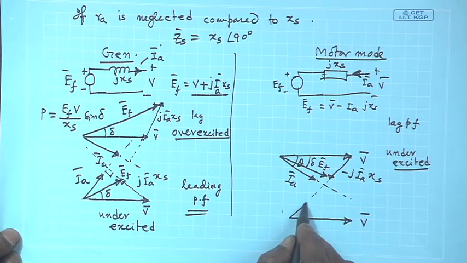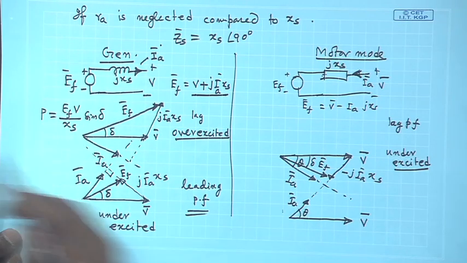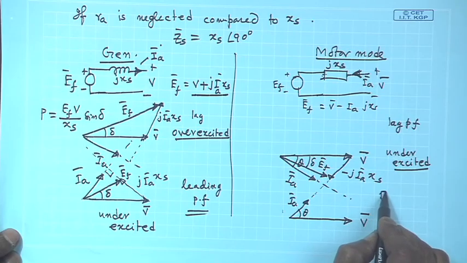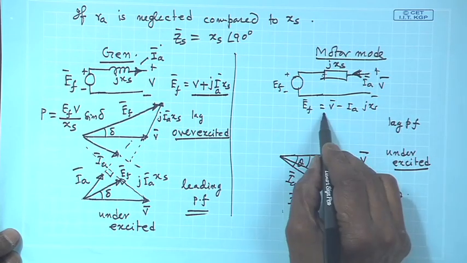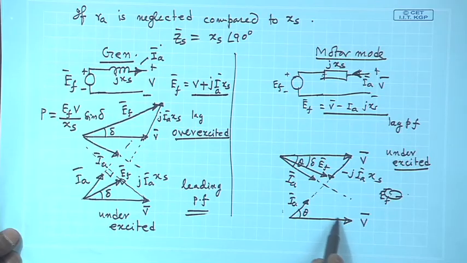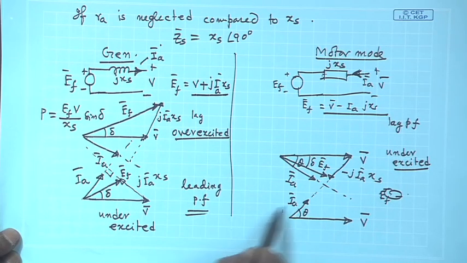Suppose this is I_A, this is theta. So, V minus jI_A X_s will be your E_f. Oh, it is written there, this is the equation. So, jI_A X_s is like this. So, negative of that.